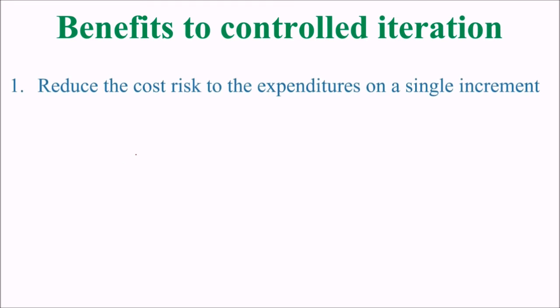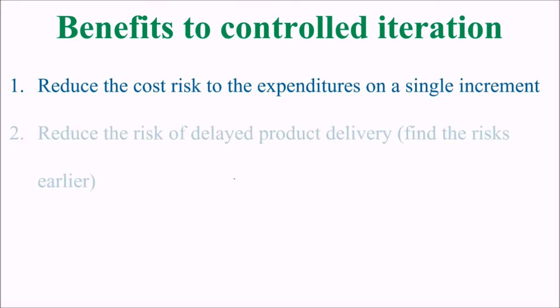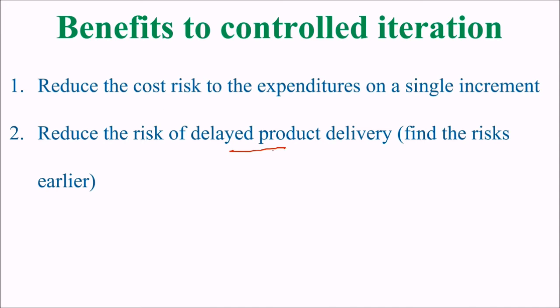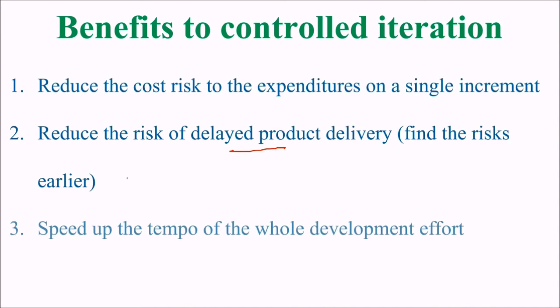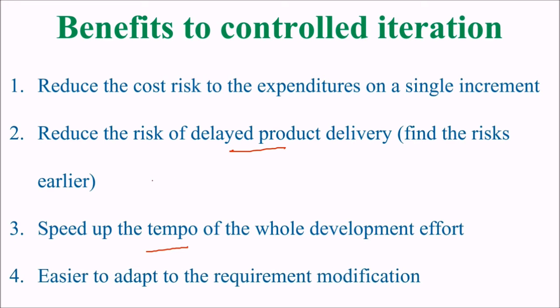The benefits of this controlled iteration are: reduce the cost risk to the expenditure on a single increment, reduce the risk of delayed product delivery, find the risks as early as possible, and speed up the tempo of the whole development effort. And it is easier to adapt to requirement modification.